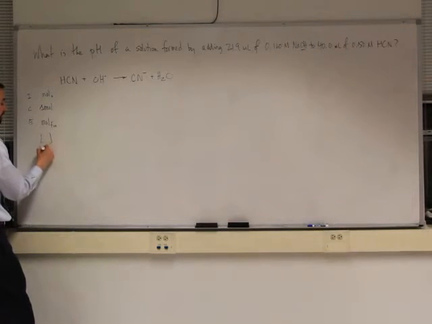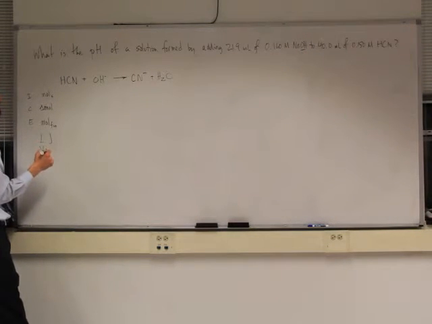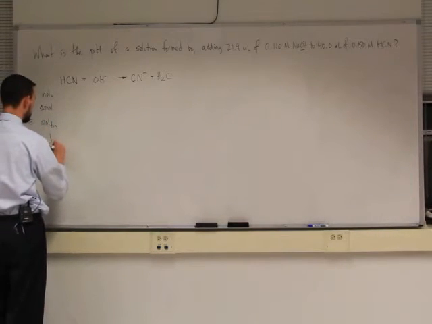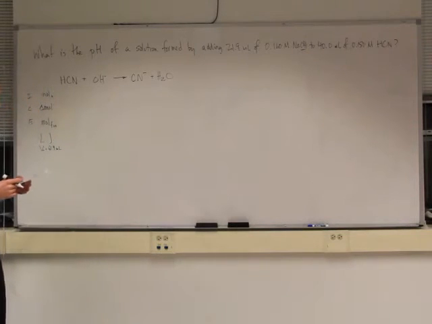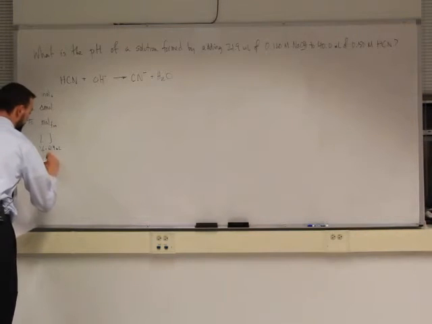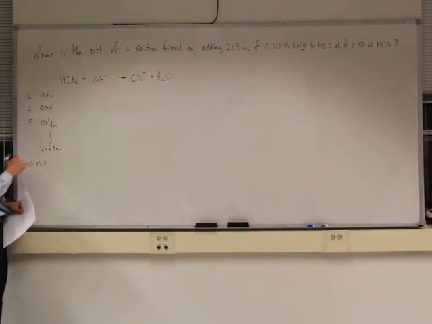I always like to make a little note to myself, what's my volume after mixing? 40 plus 21.9 is 61.9 milliliters of volume. Okay? So moles, if you've forgotten, can be found by taking a solution's molarity times its volume.